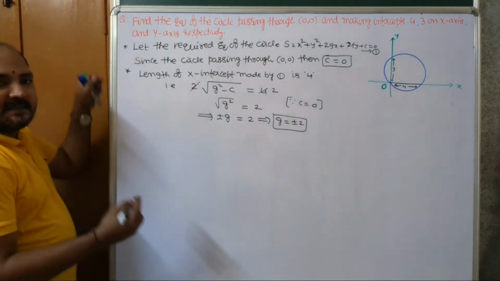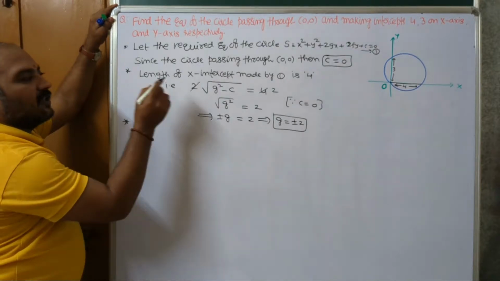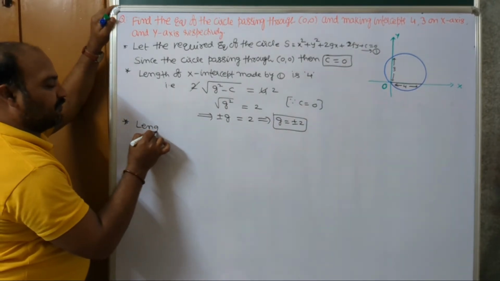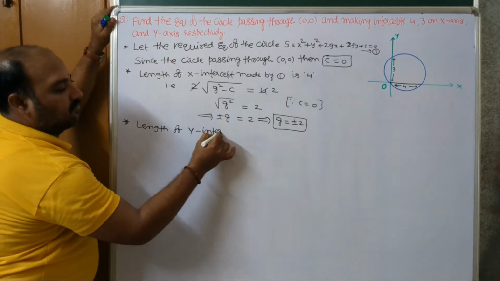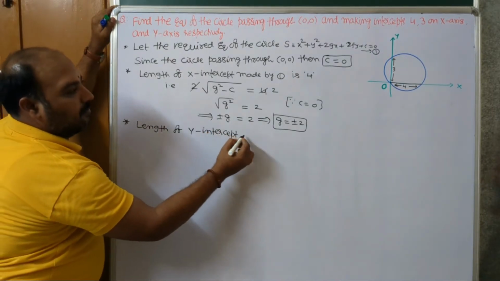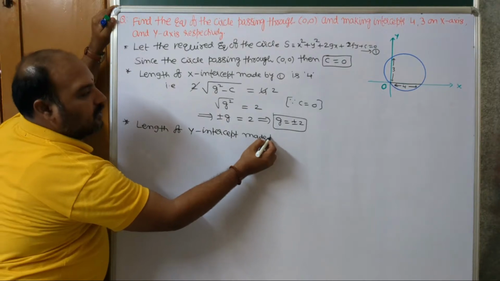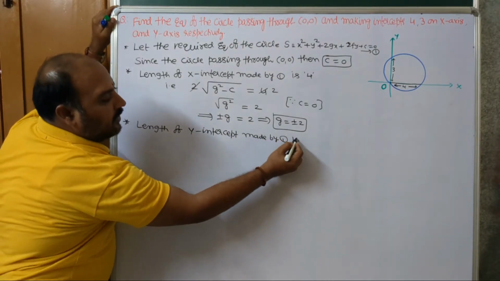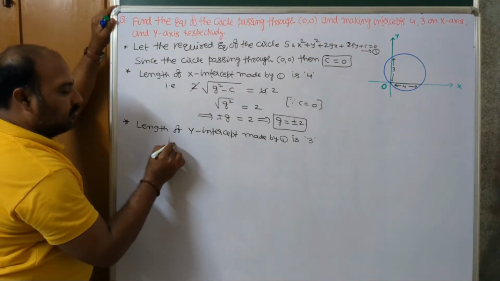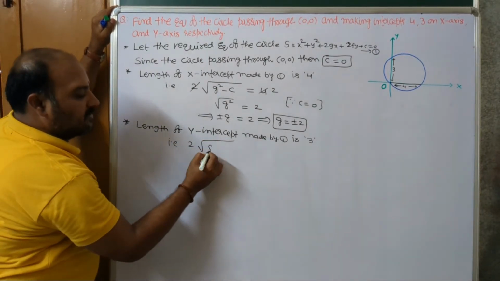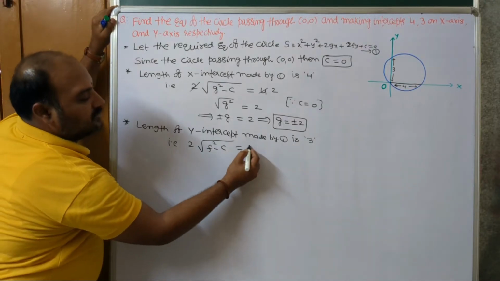Okay. Similarly, the length of y-intercept made by equation 1 is 3. That is 2 root of f square minus c is equal to 3.